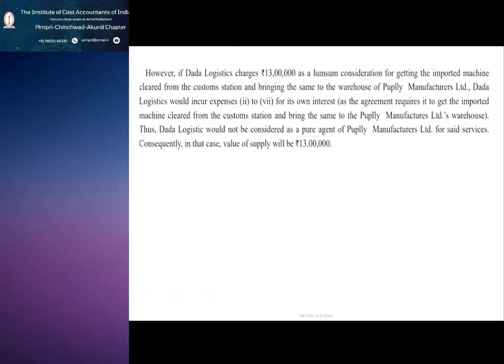Whatever expenses he incurs, he will raise an invoice to us. In that invoice, he has to clearly mention the amount for customs duty, loading charges, unloading charges, everything, and then separately his agency fees. He might have incurred hotel and traveling expenses, which he has to show separately. If he gives it in one line, then we have to treat him as not a pure agent.